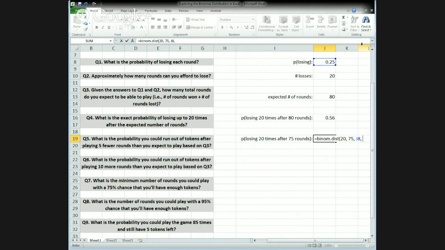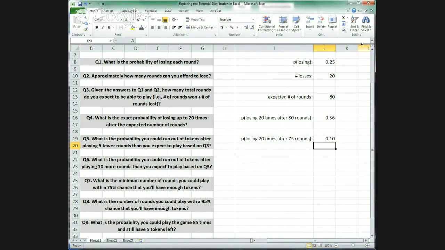If we lose 19 tokens or 18 tokens, we haven't run out of tokens. So like I showed you in the last question, we actually want to do false for this, because what we want is the exact probability of losing 20 times in 75 rounds when the probability of losing is 0.25.